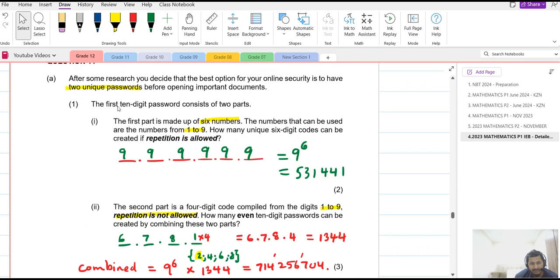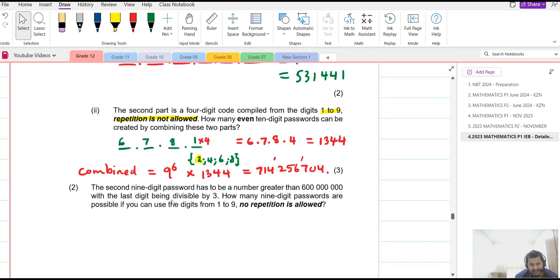The first 10-digit password consists of 2 parts, and this is the second 9-digit one. So the second password is basically 9 digits. You need to make 9 spaces: 1, 2, 3, 4, 5, 6, 7, 8, 9.